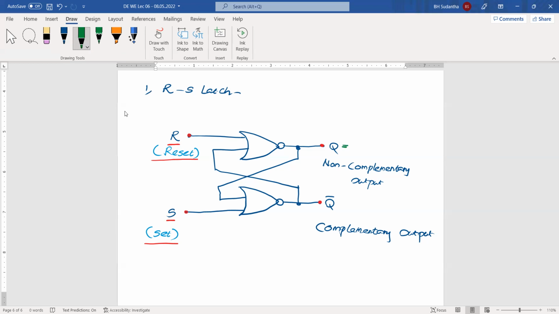Because here you know that these are NOR gates. You know how to write the NOR function. To write the NOR function here, you need these two input values. This one is R, the other one is Q bar. It's NOR.